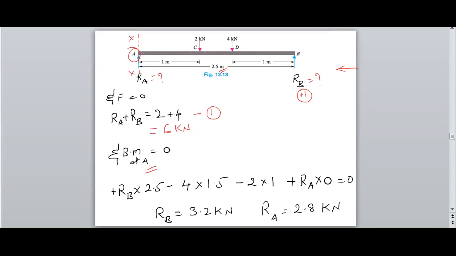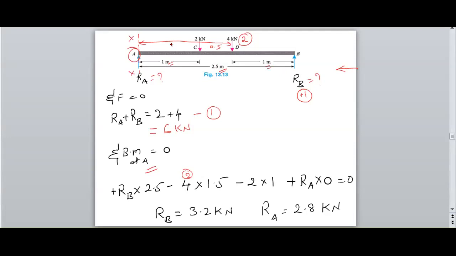The second force is 4 kilonewton, and I need its distance from A. Here it is 1 meter and this is 1 meter, the total is 2 meter, and 2.5 minus 2 leaves the remaining 0.5.